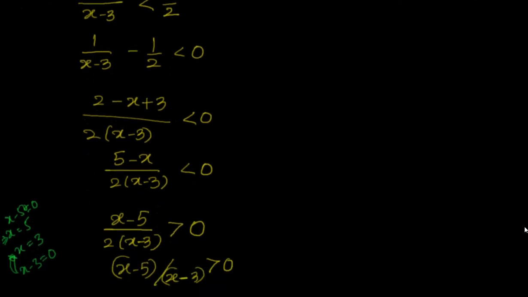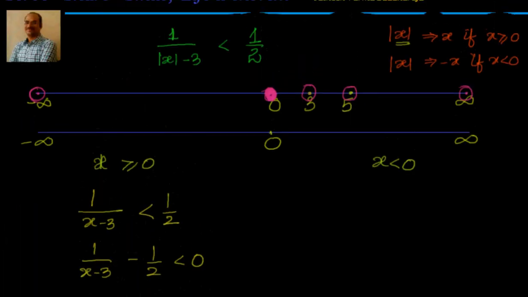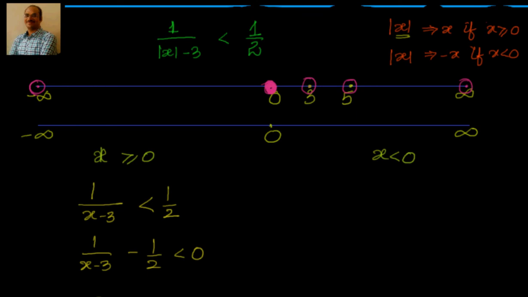So for this, the ideal solution, the first solution we got is minus infinity comma 3 union 5 comma infinity. That will be our solution, but I cannot have minus infinity because x should be greater than or equal to 0. So this becomes 0 and we will have a square bracket.